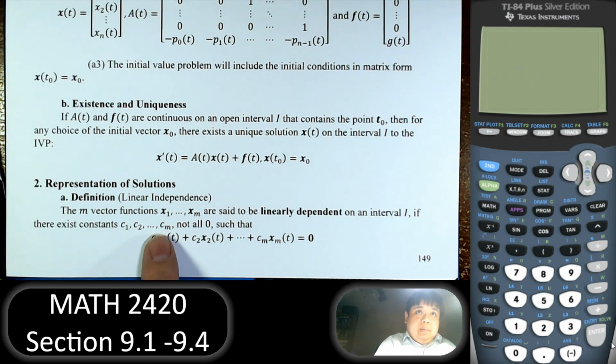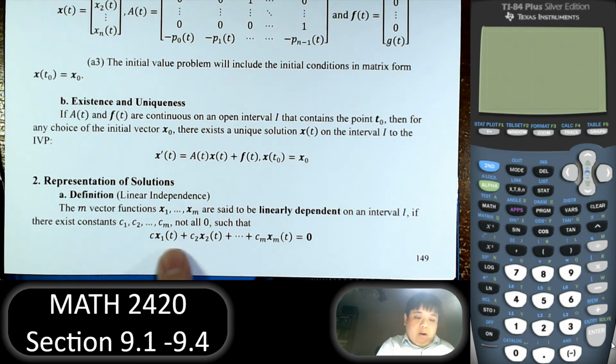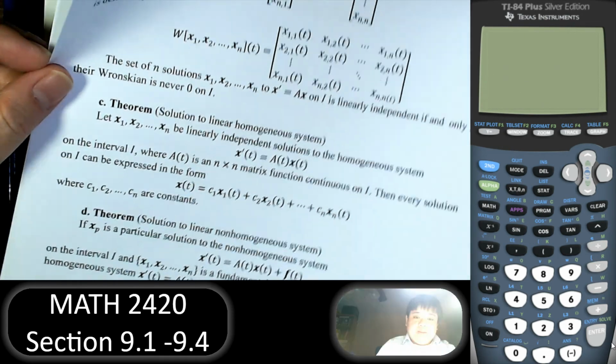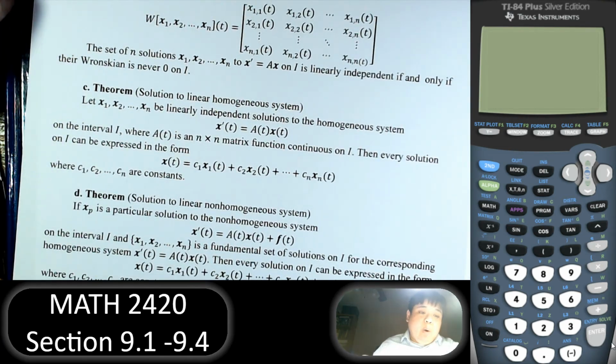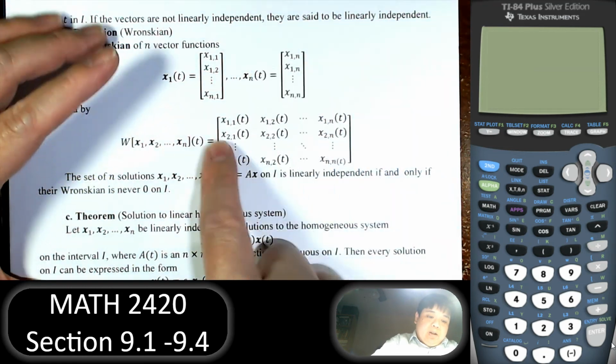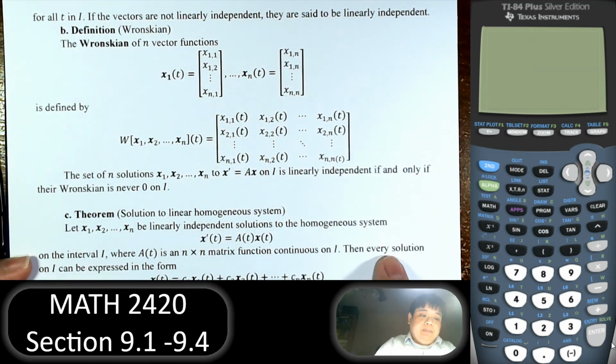Linear independence. It is linearly dependent if this is equal to 0 and not all of the coefficients are equal to 0. And that is a lot better. We use the Wronskian. If we put them all in a matrix, they form the determinant phi. If it is equal to 0, then it is not linearly independent.